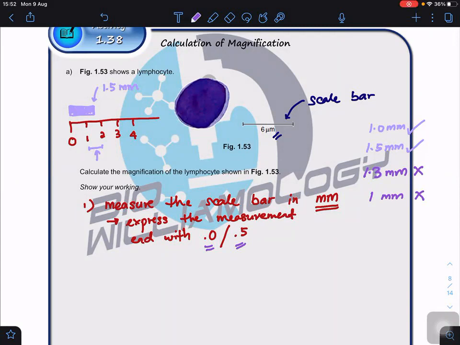So let me measure mine here. Mine is roughly about 2.25 centimeter, but can I use centimeter? I cannot use centimeter. So in this case, my answer is 22.5.